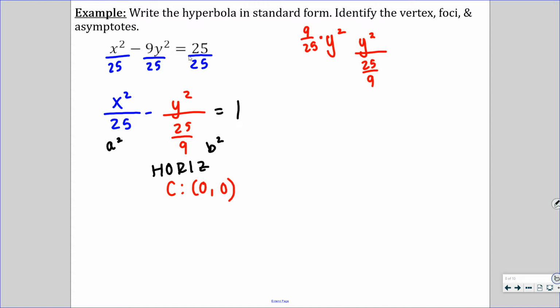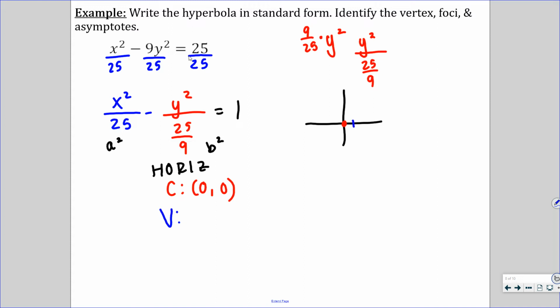Okay, so they want me to identify the vertices, foci, and the asymptotes. I'm going to draw a sketch as we do this, centered at 0, 0. We know it's horizontal. What would my vertices be? 0, 5 would give me a vertical hyperbola. So 5, 0.